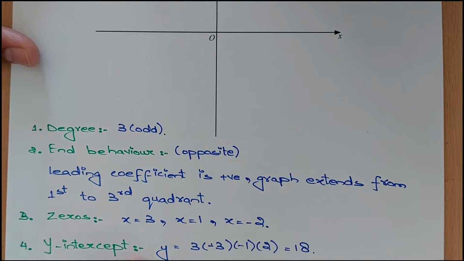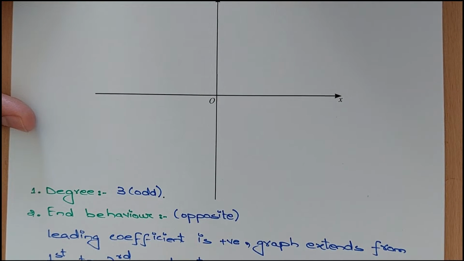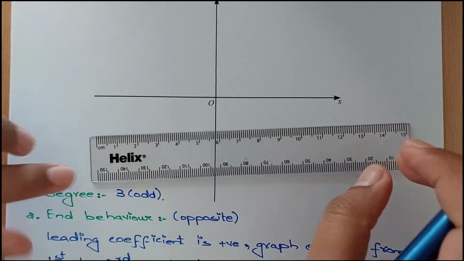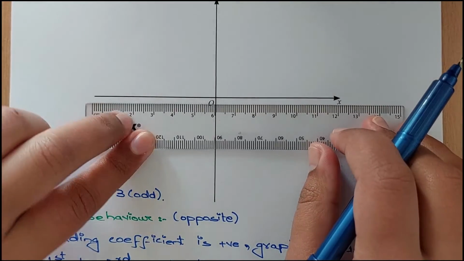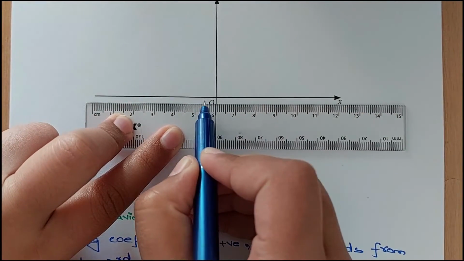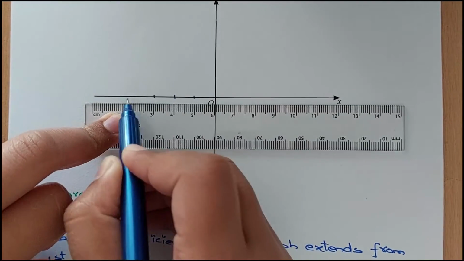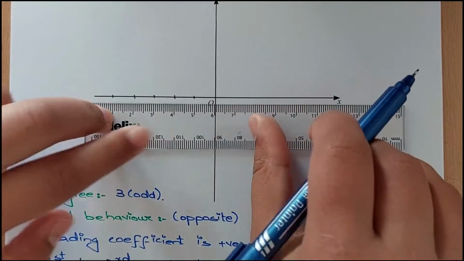So now we have the x-intercepts, we have the y-intercept, and we know that the graph extends from first to third quadrant, right? Now let me use the scale, let me label the points. So this is 1, minus 2, minus 3, minus 4, and here we have minus 5.